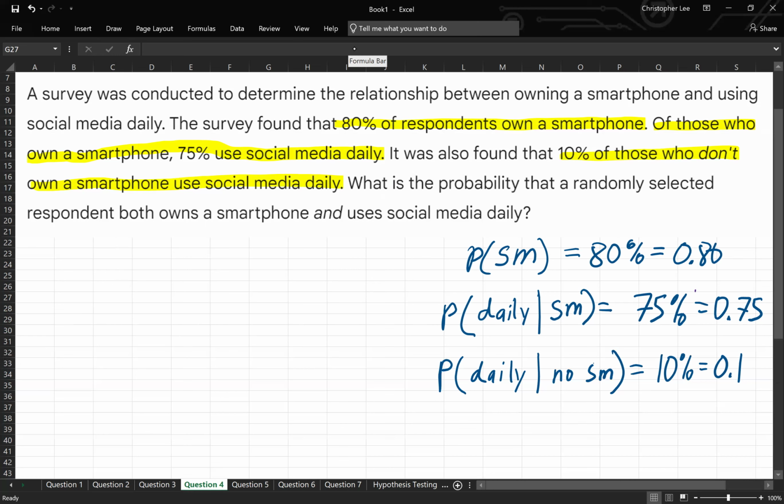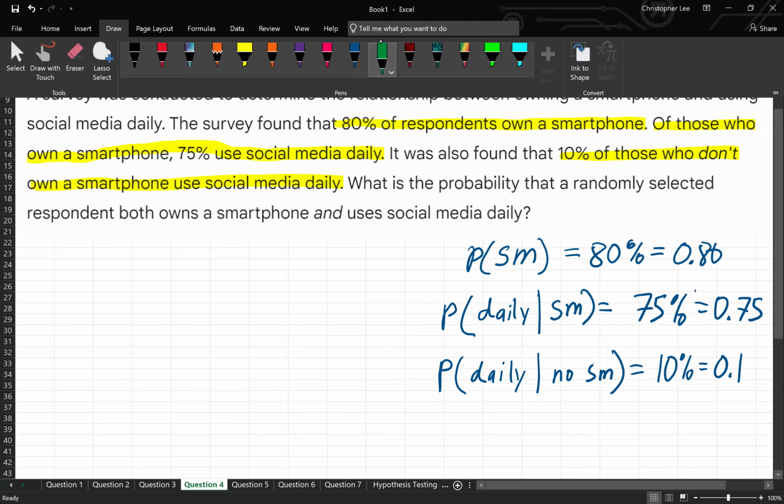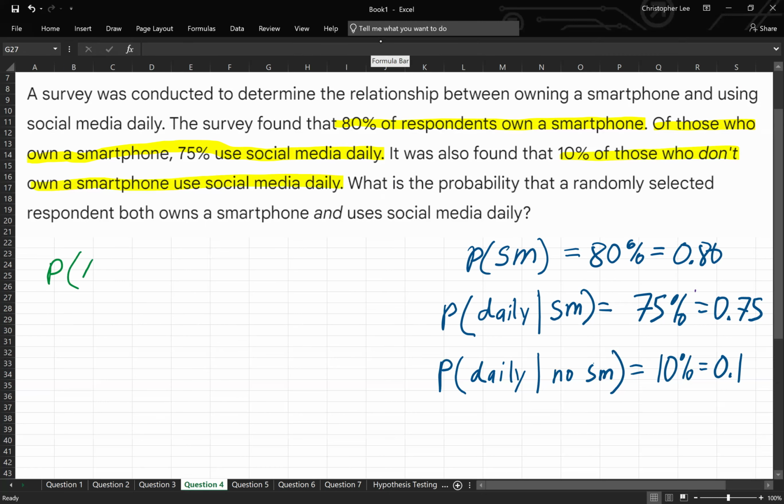All right, so now watch the trick. Again, I'm not making this up. I'm just copying straight from the formula sheet, right? So the probability of A and B is equal to the probability of B given A times the probability of A. The question they ask is, what is the probability that a randomly selected respondent both owns a smartphone and uses social media daily?